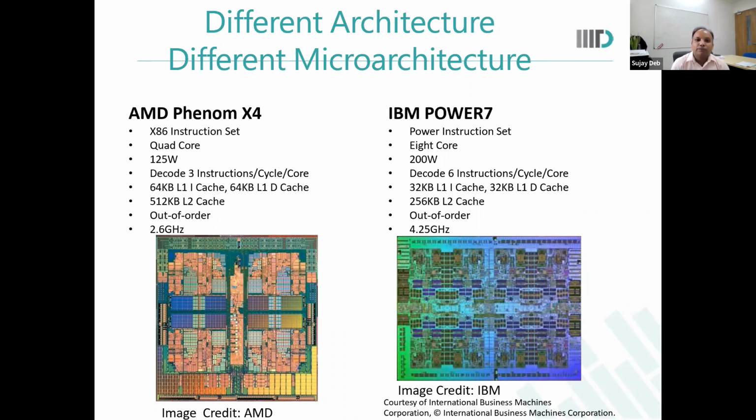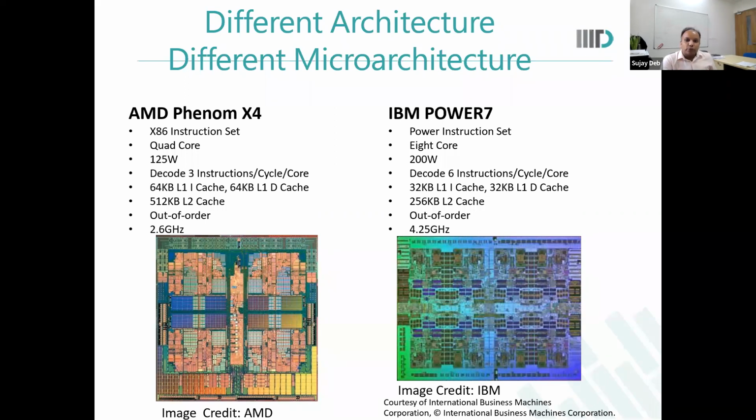Again, Intel Phenom X4 and IBM PowerPC. PowerPC uses the Power instruction set architecture. It has 8 cores, consumes 200 watt, and it can decode 6 instructions per cycle per core. The cache size is 32 KB for IBM, both instruction and data.